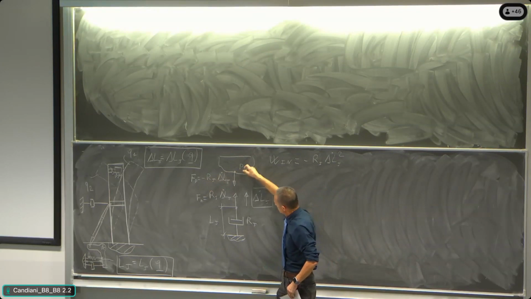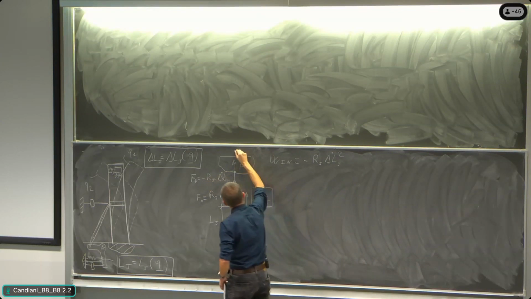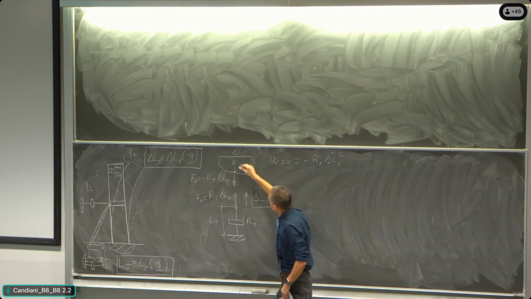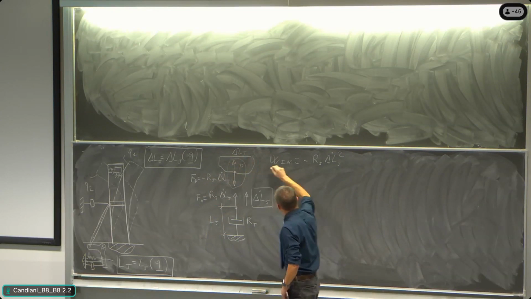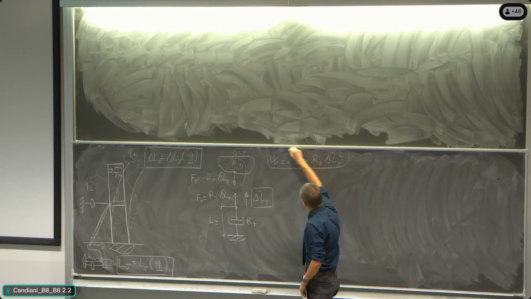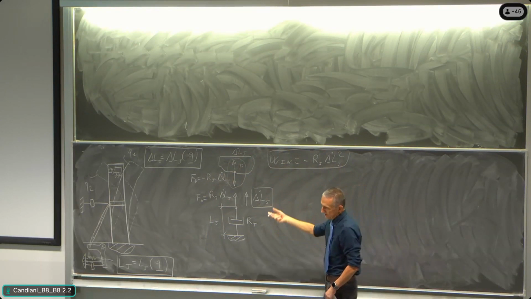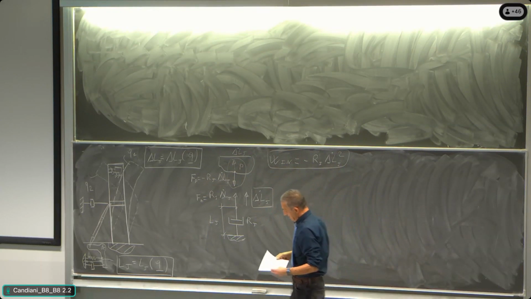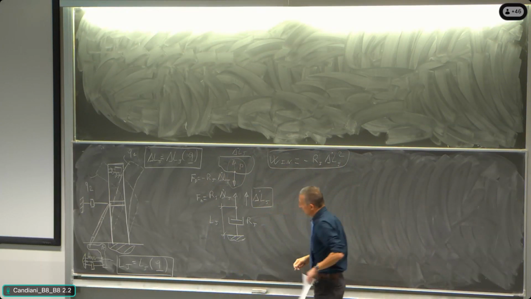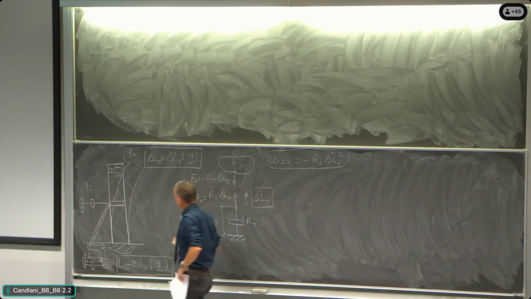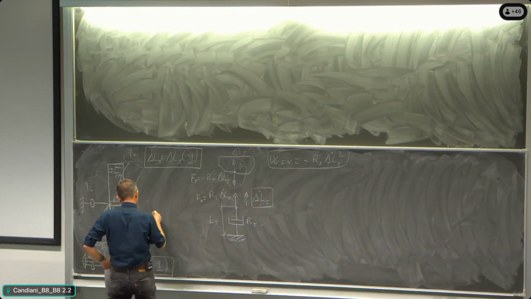Then the velocity is delta Lj dot, and the product of this makes a negative power. So I have a negative power that is getting into the object, and so it is dissipating energy. Then, in order to work with the dampers, we are making reference to a quantity that is not energy, but it is what we call the dissipative function.